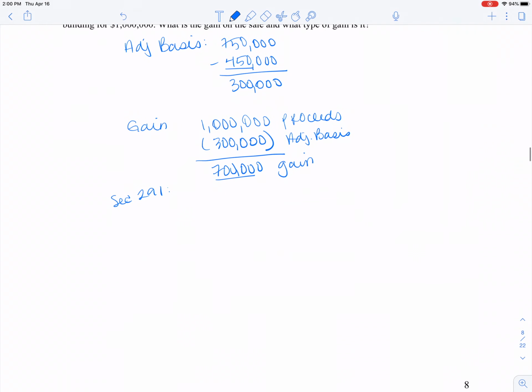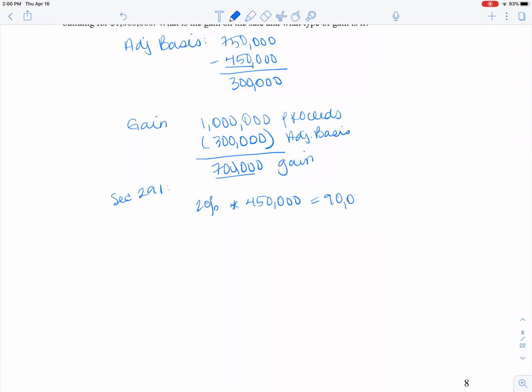So I am going to have to recapture using 20% times 450,000, the lesser of accumulated depreciation or the gain. So I get $90,000, and I'm going to say that must be recaptured. So I'm going to recapture 90,000 of the gain and call that ordinary.